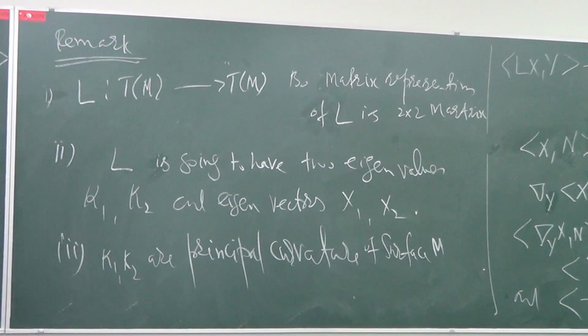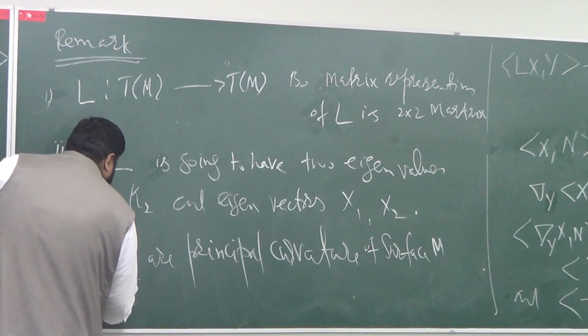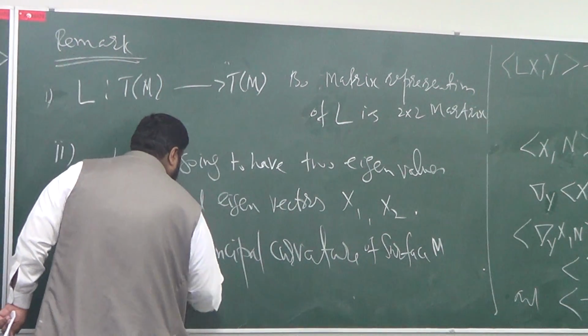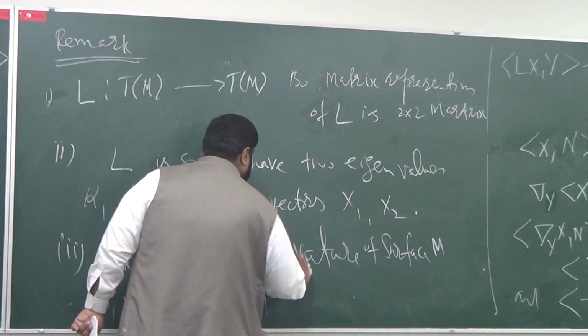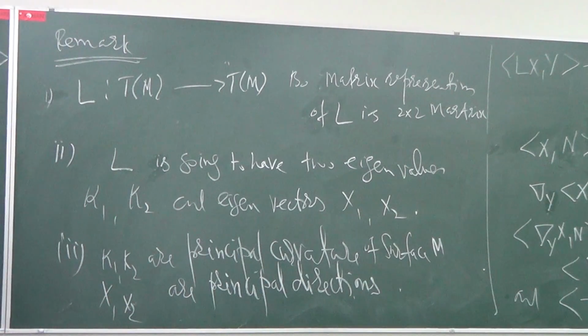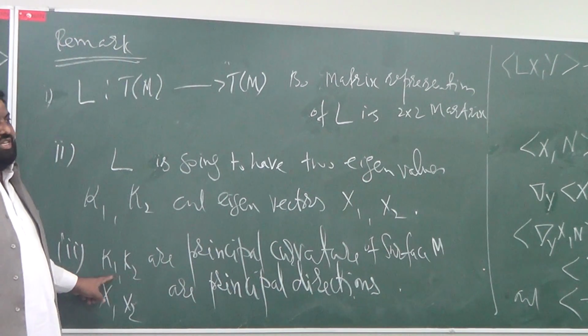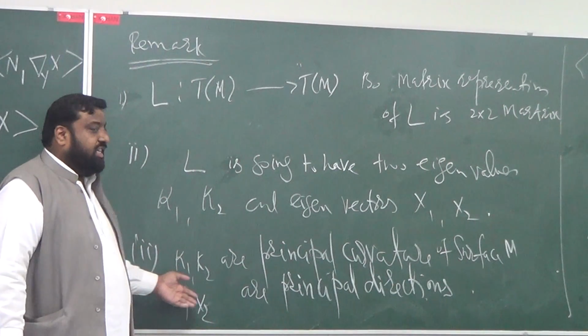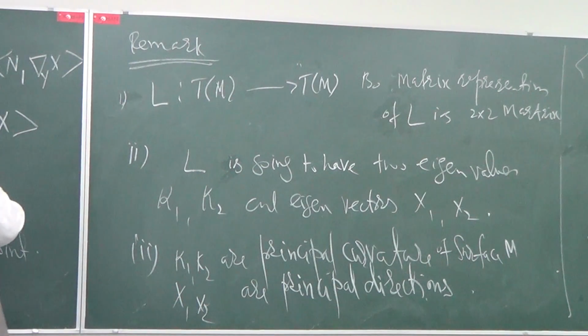We can show that k1 and k2 are the maximum and the minimum values of the normal curvature. And these vectors x1 and x2 are the principal directions. In other words, these are the directions in which the curve is going to have maximum or minimum curvature. If I set k1 for the maximum curvature and k2 for the minimum curvature, then x1 is the direction of the maximal normal curvature, and x2 is the direction of the minimal normal curvature.